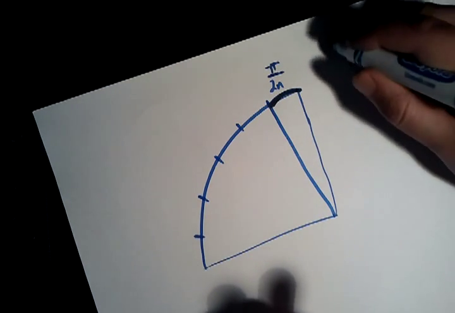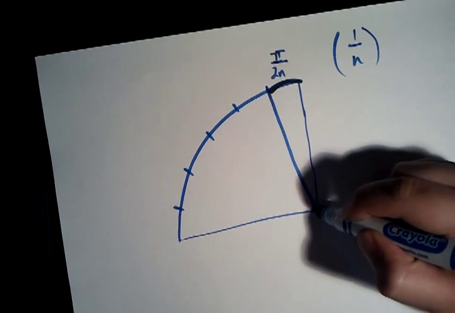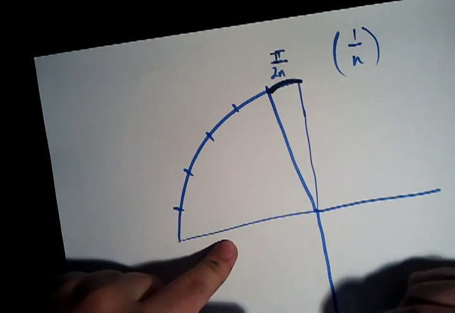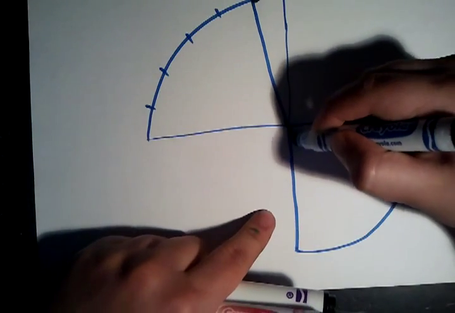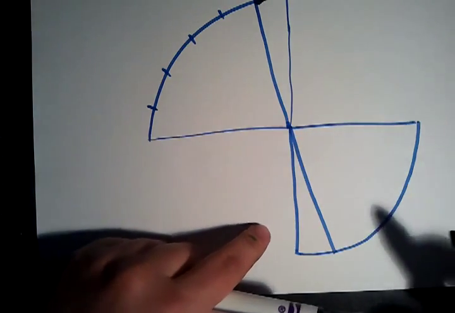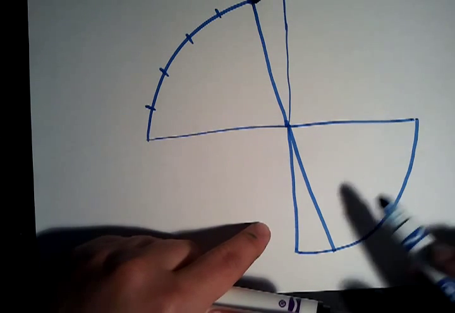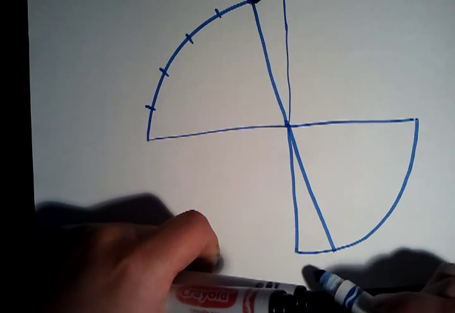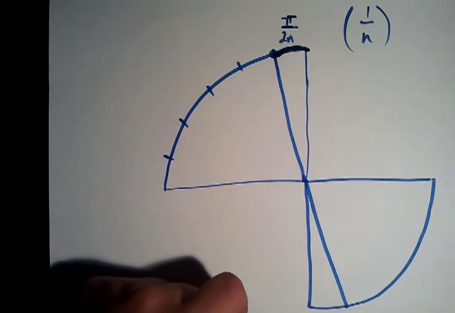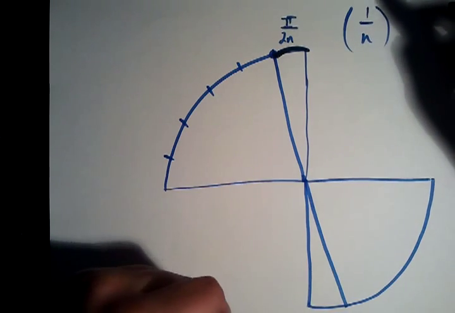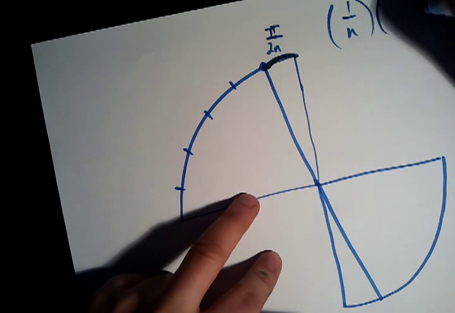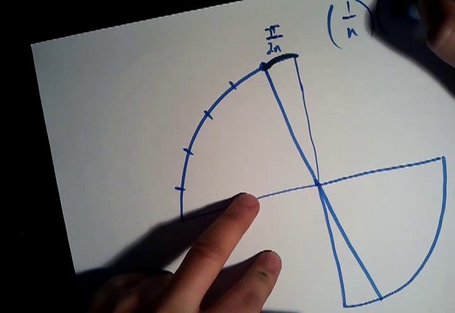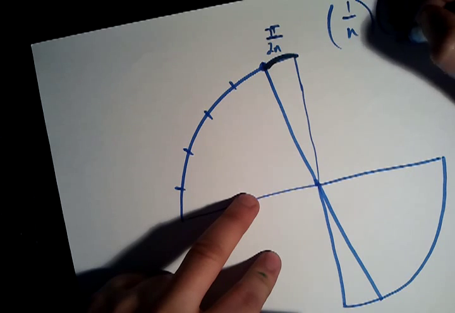Then what is the probability that, remember, this is only going to work if it lies in this range right here, which is also pi over 2n. So the probability that it lands in that region is going to be pi over 2n over pi over 2.